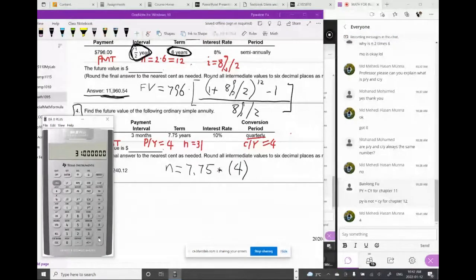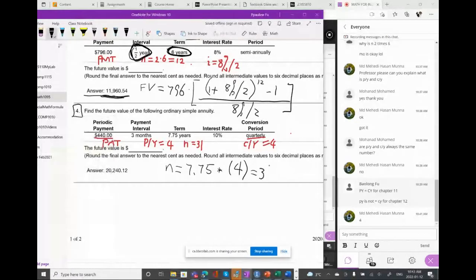That is 31. Okay, term N equals 31. And the interest is compounded quarterly, CY equals 4. Okay, this is N equals 31. Now how do you use the calculator?